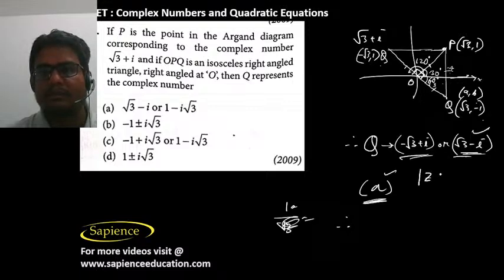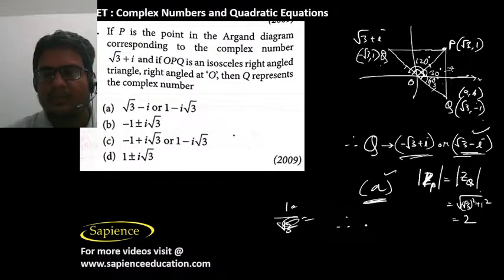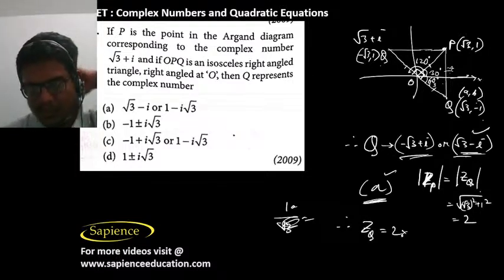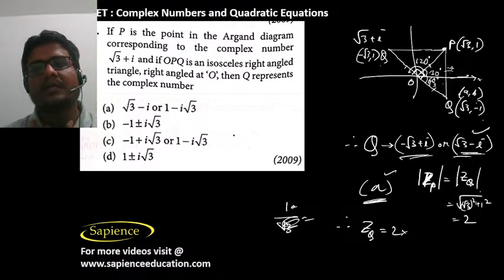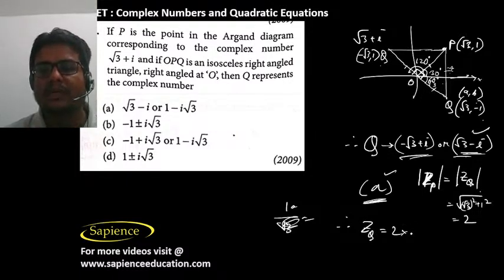So therefore the modulus of the point P, Z of P, that should be equal to the modulus of the complex number Q, which is equal to square root of root 3 whole square plus 1 square, that is 2. So the complex number Q, that should be equal to 2 into, and the argument can be either minus 60 degree or plus 120 degree.